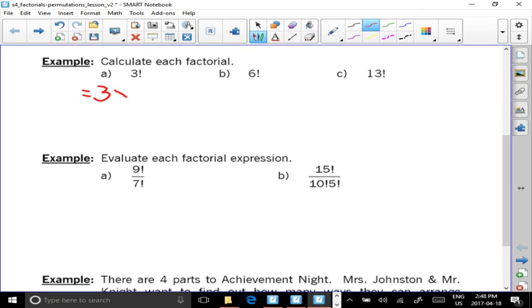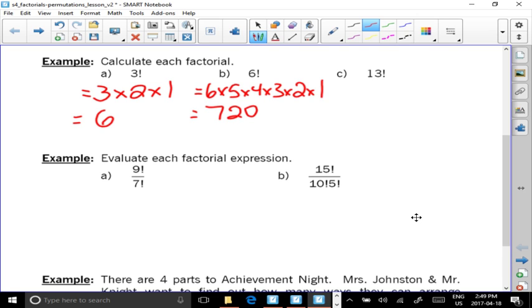We're going to get 3 times 2 times 1, and 3 times 2 times 1 is just plain old 6. 6 factorial is 6 times 5 times 4 times 3 times 2 times 1, and that's equal to 720.